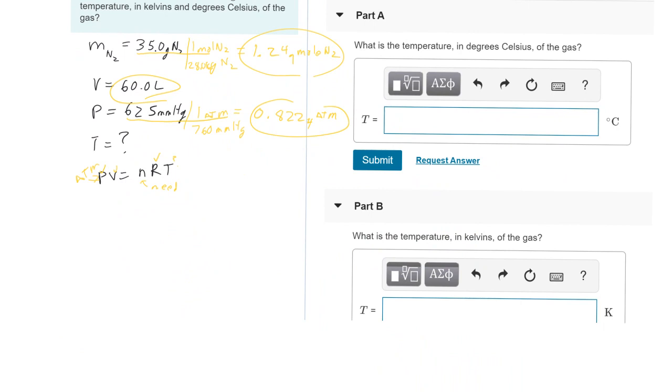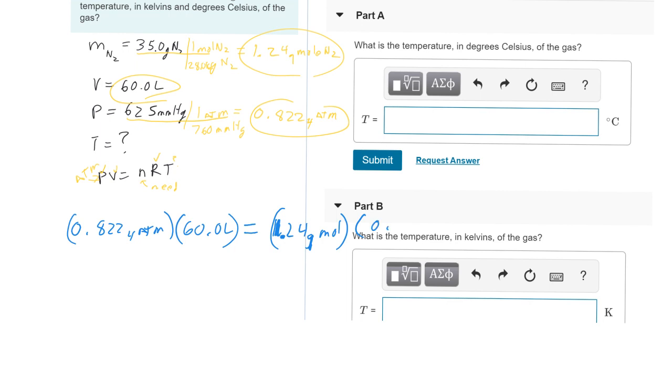So I've got a pressure of 0.8224 atm times a volume of 60 liters equals 1.249 moles. That's 9, 9, and there's a 1 there, right?